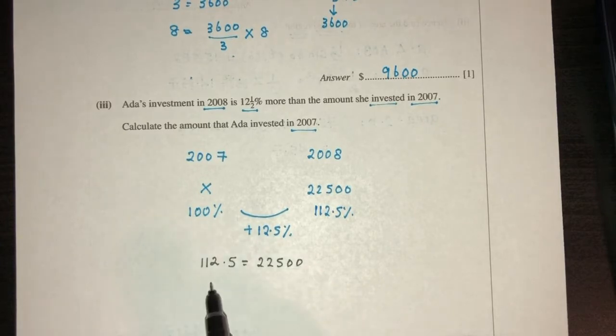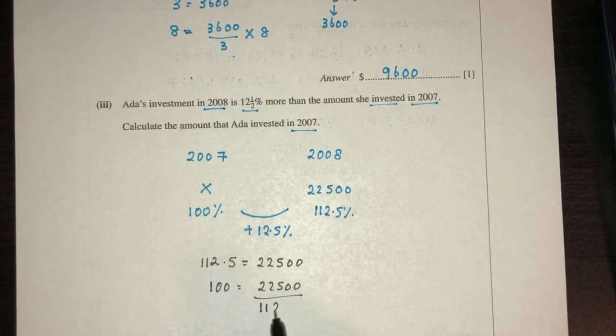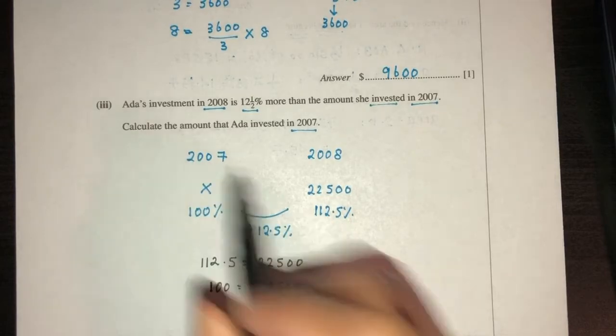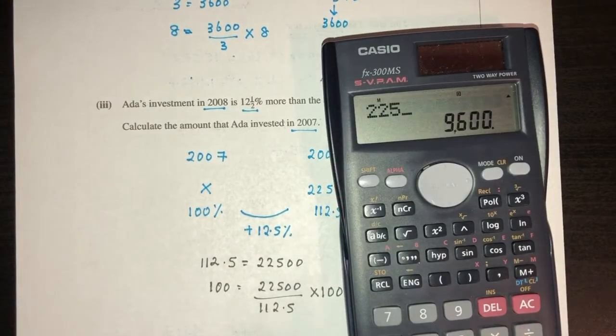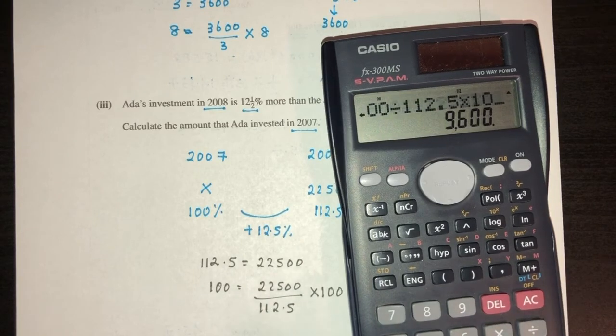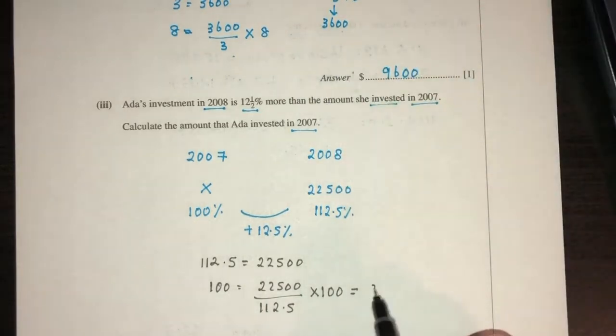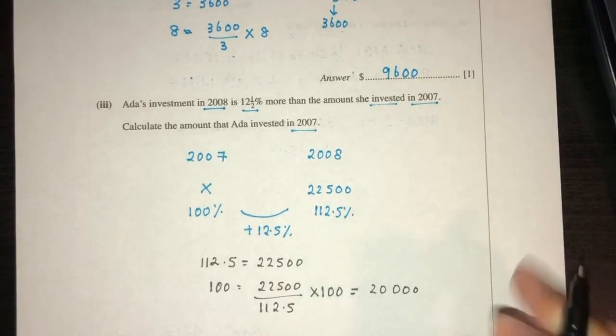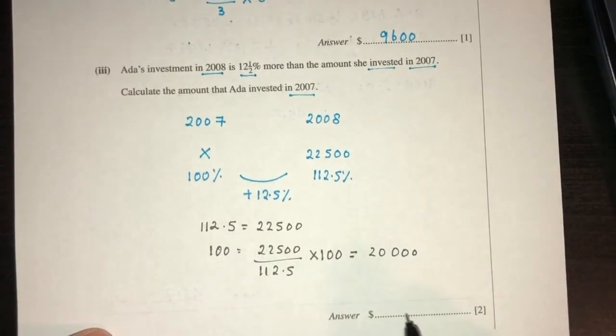So how much is 100? That will be 22500 divided by 112.5 times 100 for the amount invested back in 2007. That should be 20,000. That is your answer for part 3.